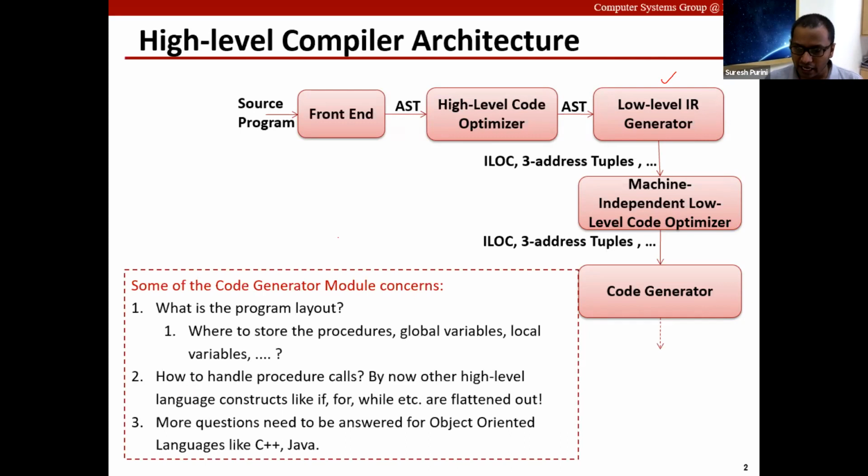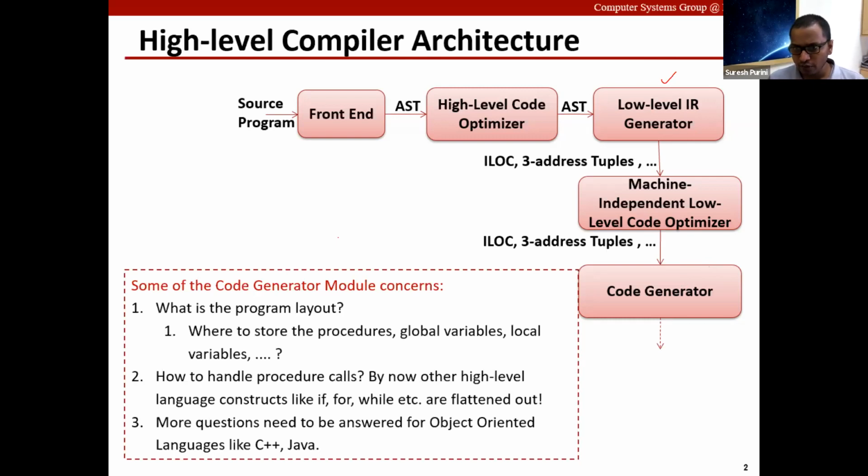Once the low-level IR gets generated, we can apply a sequence of optimization passes on it. These optimization passes are typically machine independent, like common sub-expression elimination, dead code elimination, function inlining, etc. Then the optimized IR is passed to the code generator module.